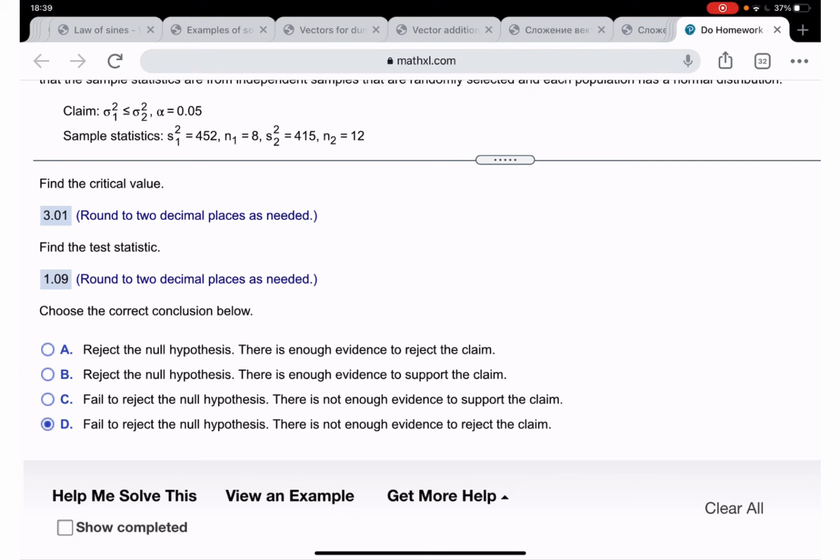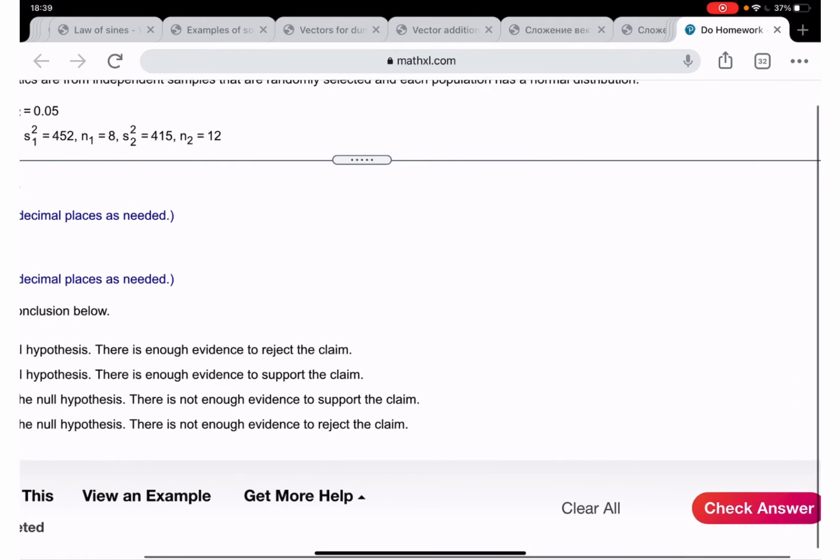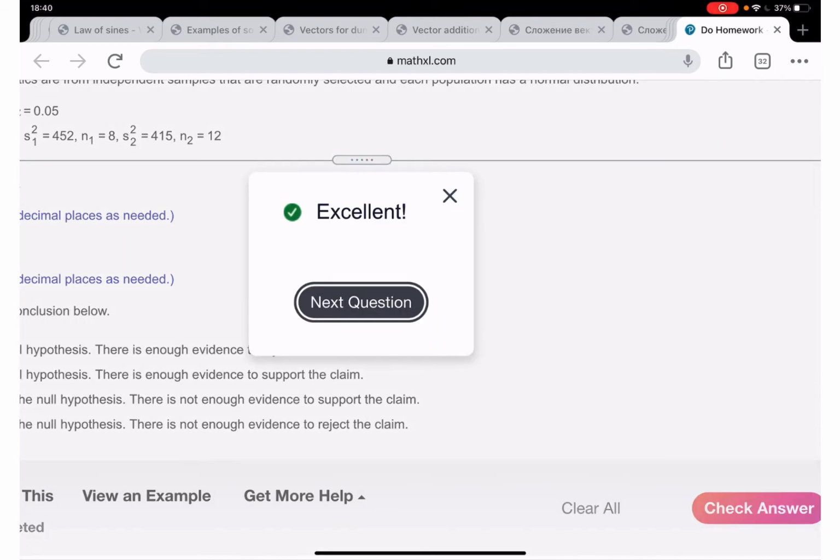To reject, I'm sorry. There is not enough evidence to reject. And here it is. I picked it automatically, but I picked the right one. It seems to me C and D are the same, huh? There is not enough evidence. It says support. No, we need reject. Okay. So because our claim is null.